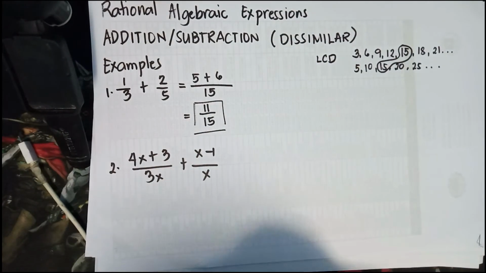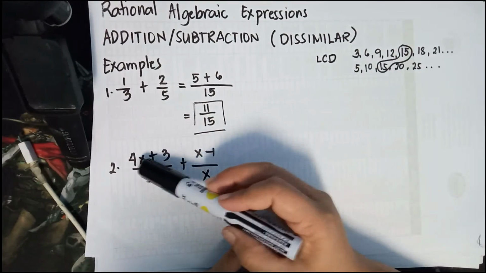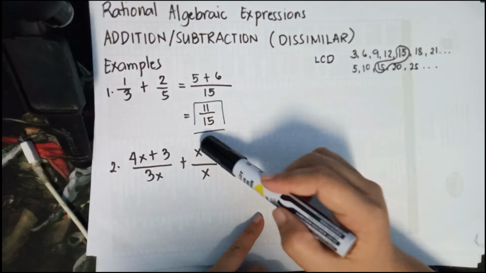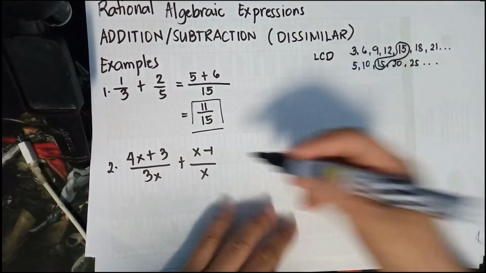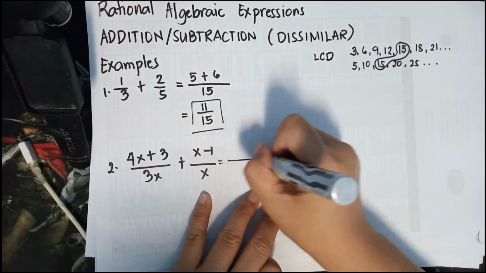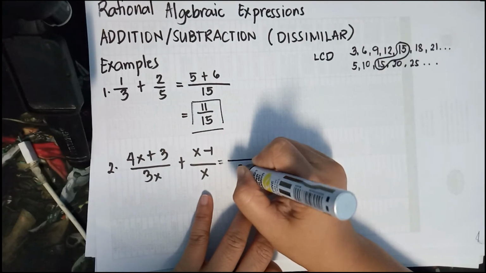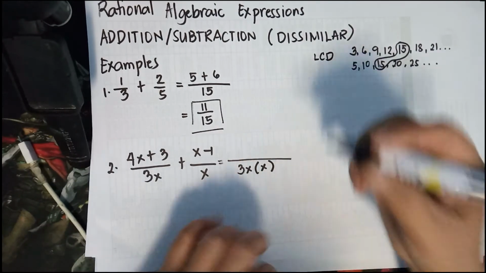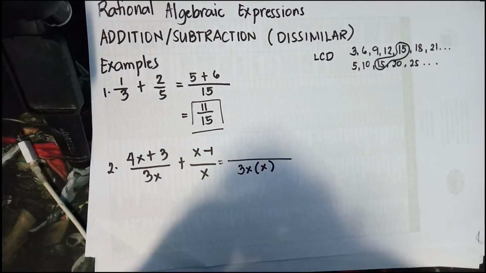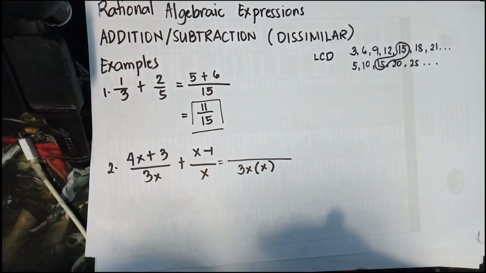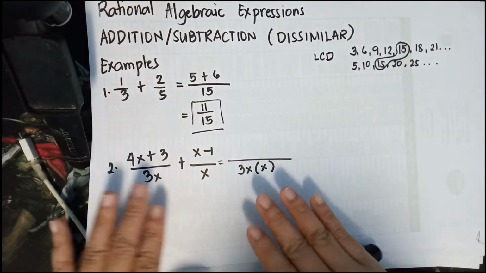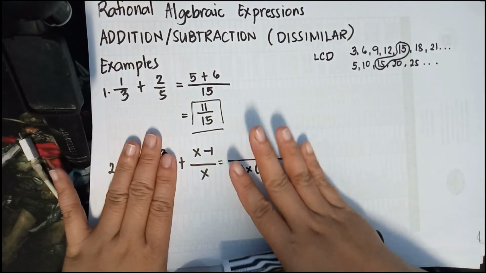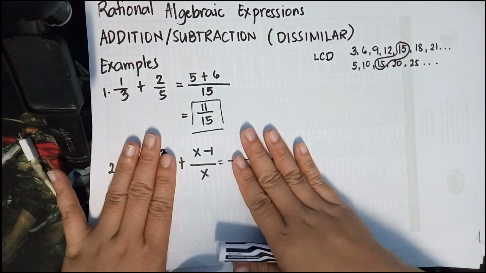Number 2, 4x plus 3 over 3x plus x minus 1 over x. Since denominators are different, all you need to do is just copy the denominators, 3x and x. Next, just a technique, all you need to do is compare the first term and your LCD.